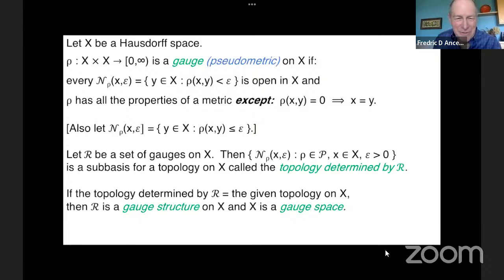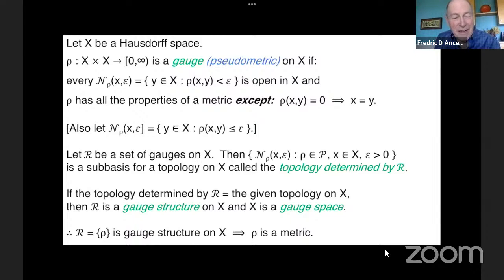So stop me if you want to ask a question. And it follows that if you have a one element gauge structure, then that gauge is a metric, satisfies the missing condition.